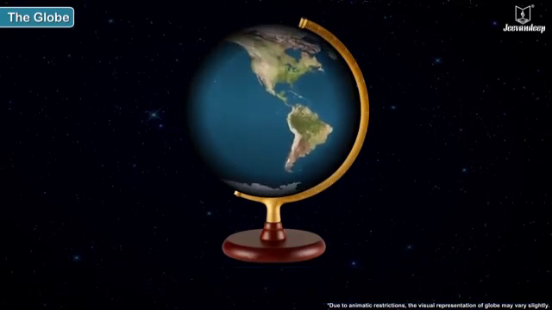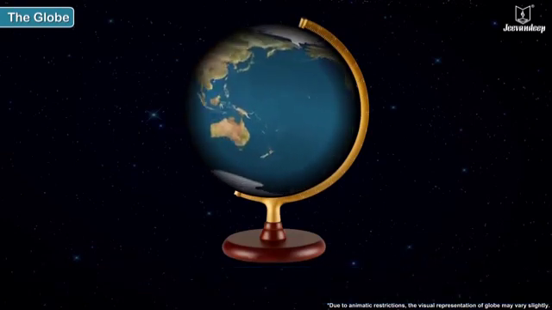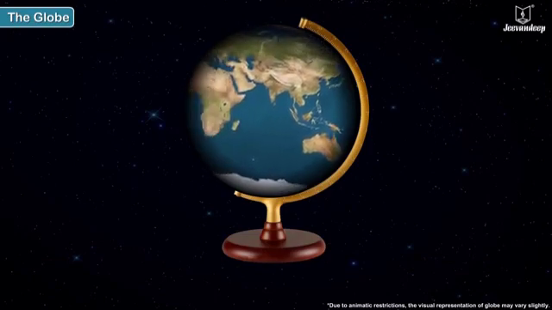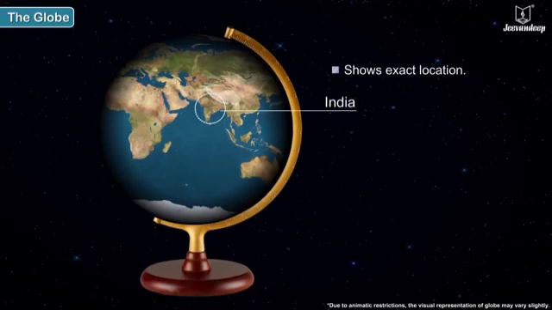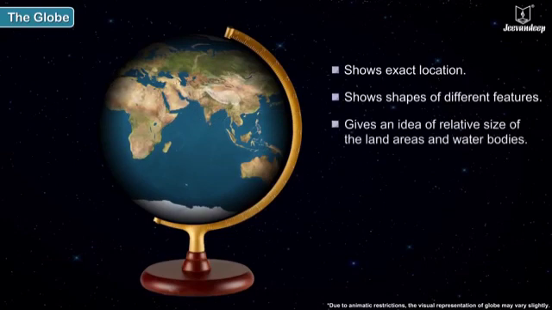The picture shows you what the Earth looks like. A globe shows the exact location, shapes, and gives an idea about relative size of all the land areas as well as water bodies on the Earth.